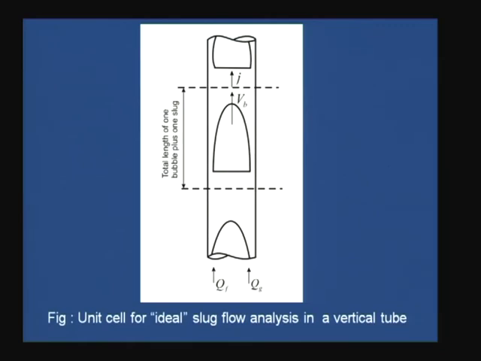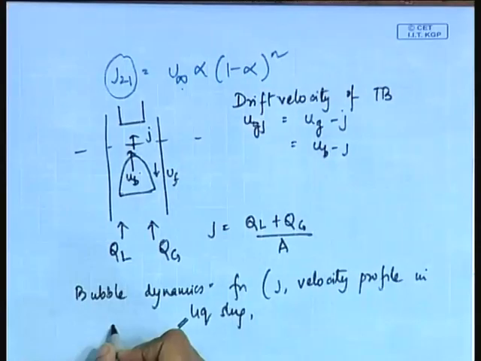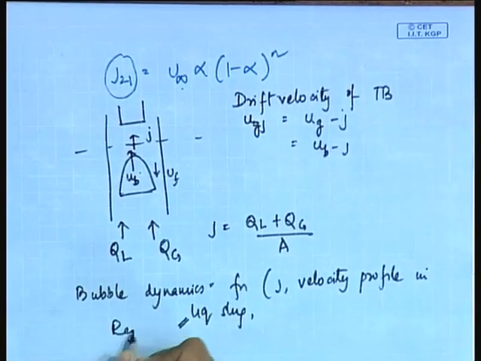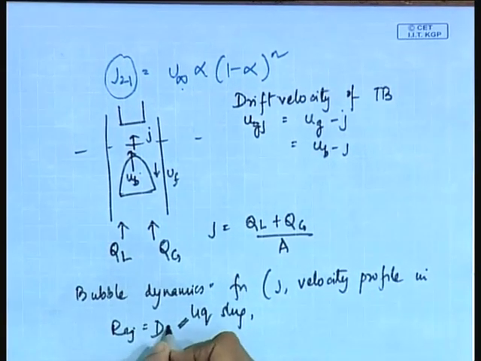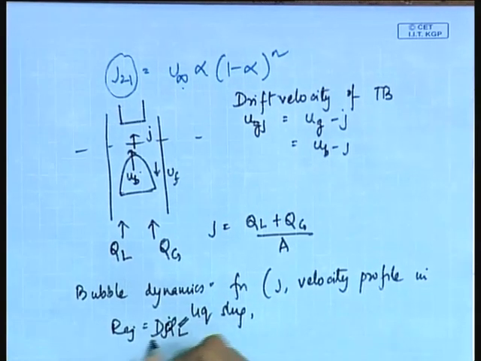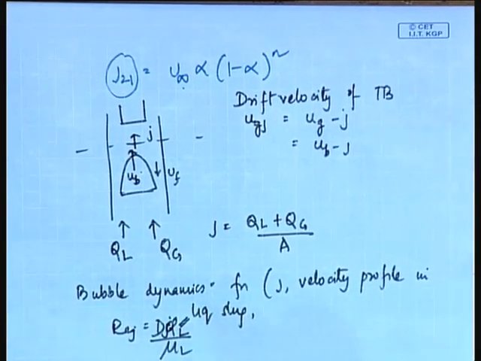Does it depend upon Reynolds number by any chance? It should depend upon Reynolds number, yes or no? Okay. So, therefore, velocity profile in the liquid slug is again a function of Re_J, which is d_J rho_L by mu_L, isn't it?